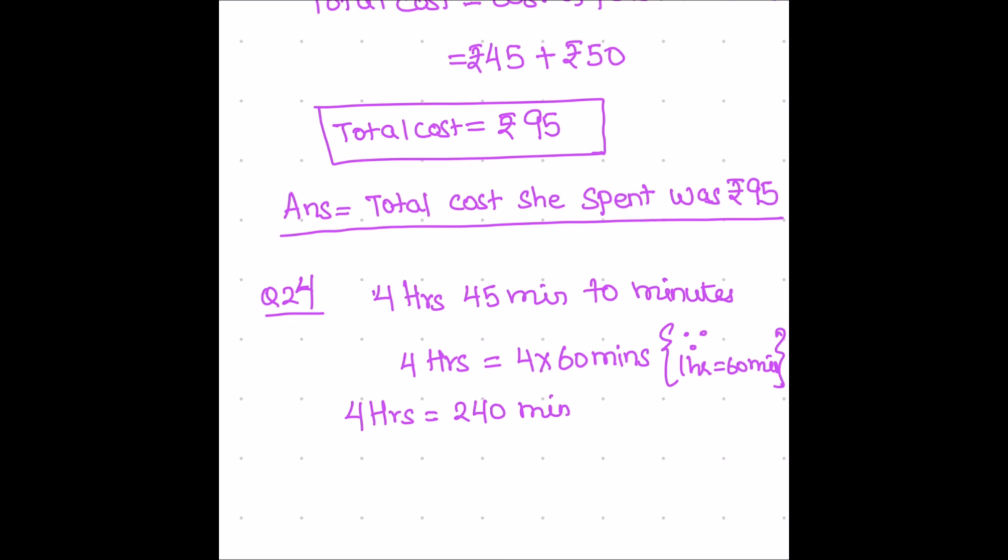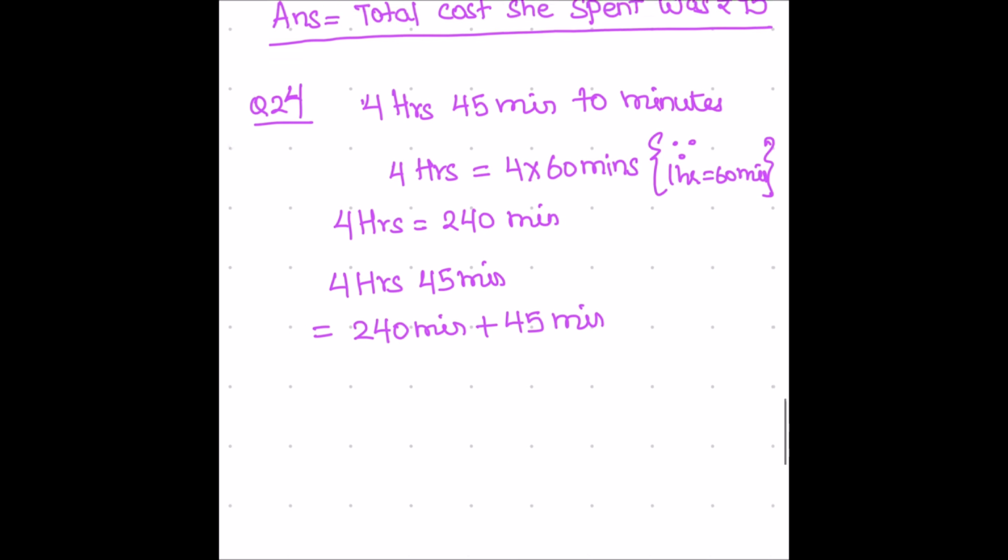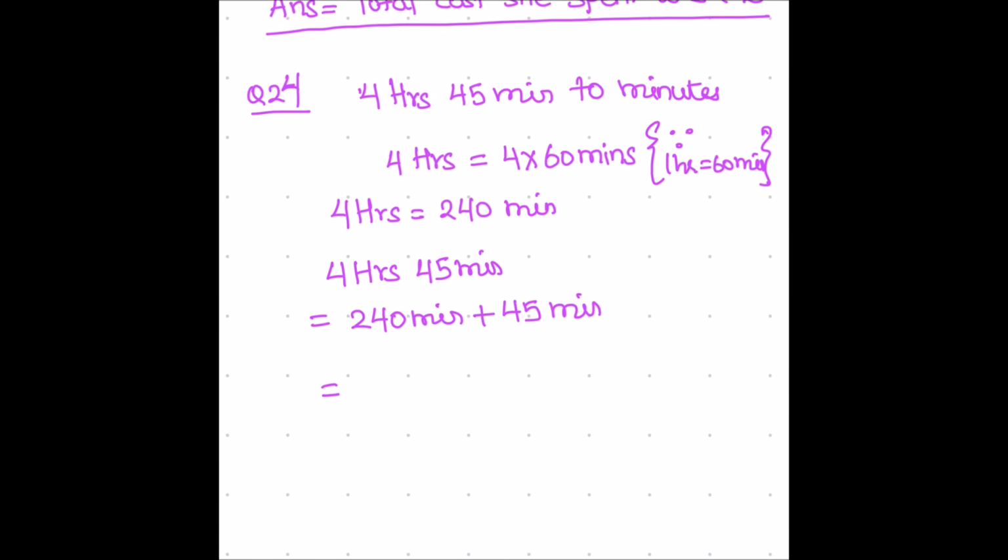And we have 45 minutes more. So 4 hours 45 minutes will be equal to 240 minutes plus 45 minutes, which is equal to, let's add them, 240 plus 45.